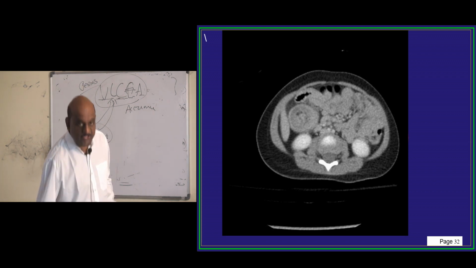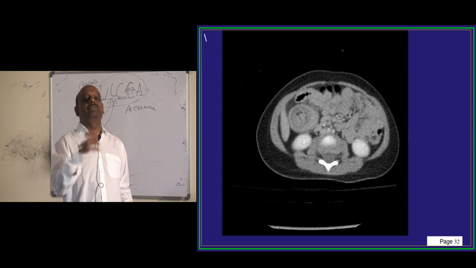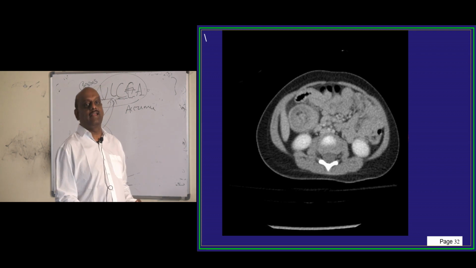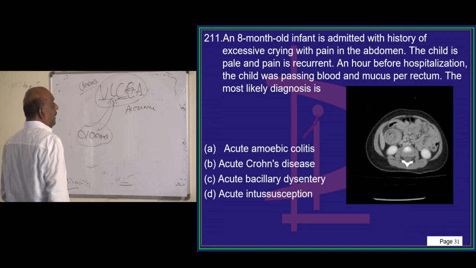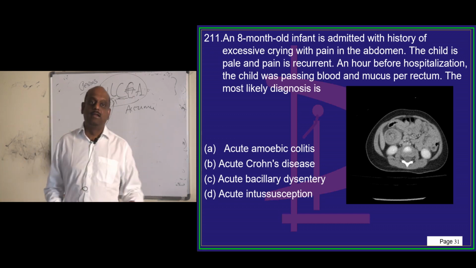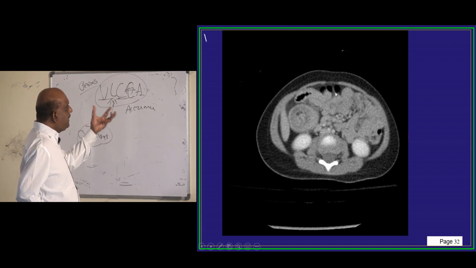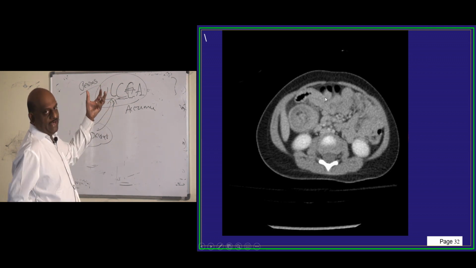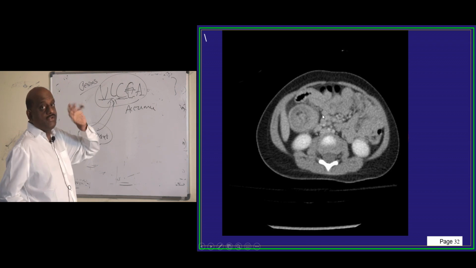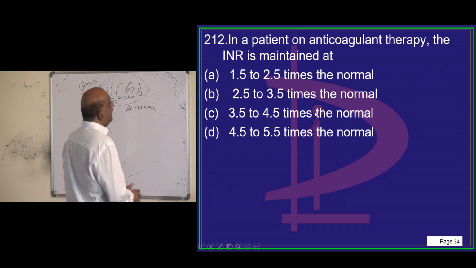That's right. Ashish Pandey rightly says raccoon eyes are the classical feature of anterior cranial fossa fracture. So this is a classical example of acute intussusception. You find one part of the gut within another part of the gut. It is called the target sign, like a target, 2 rings. That is what you typically come across.